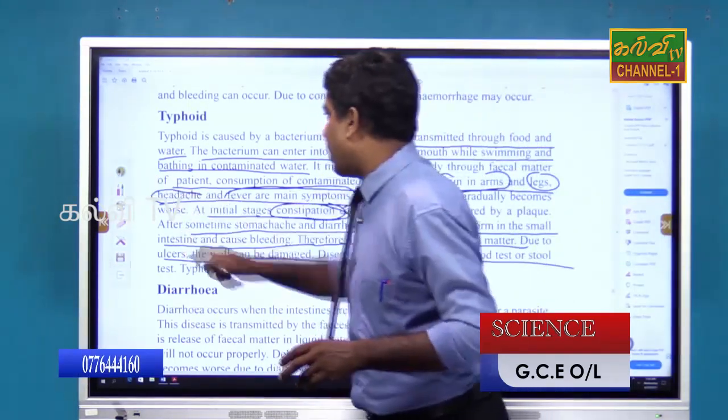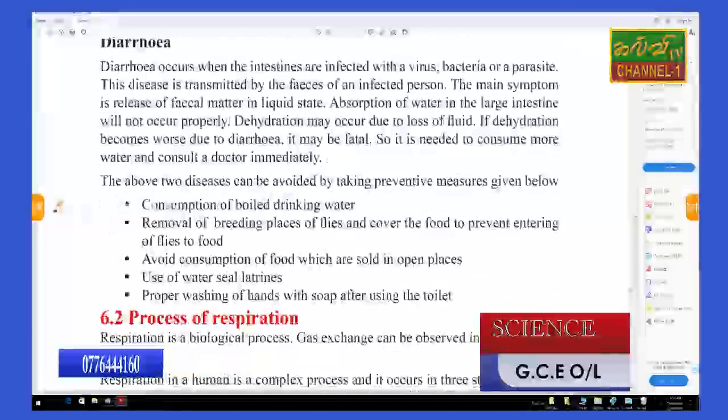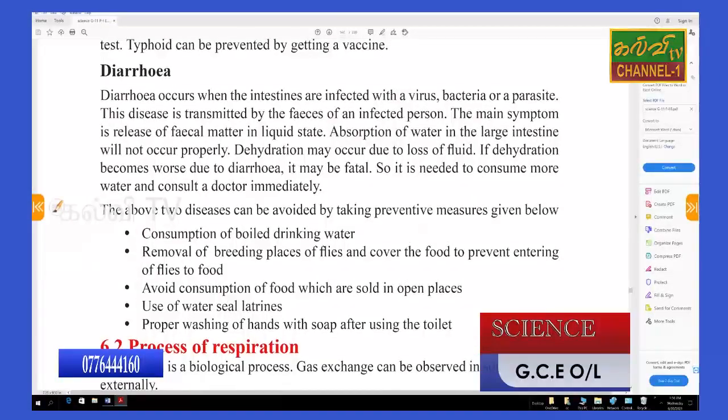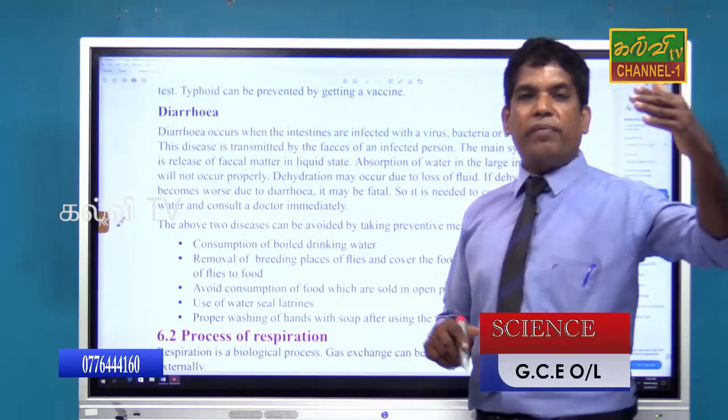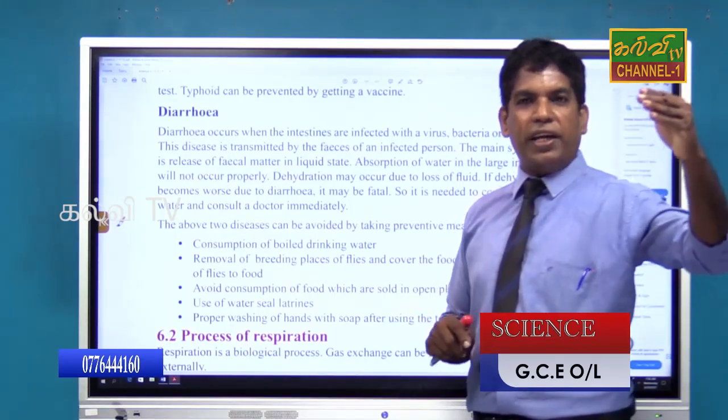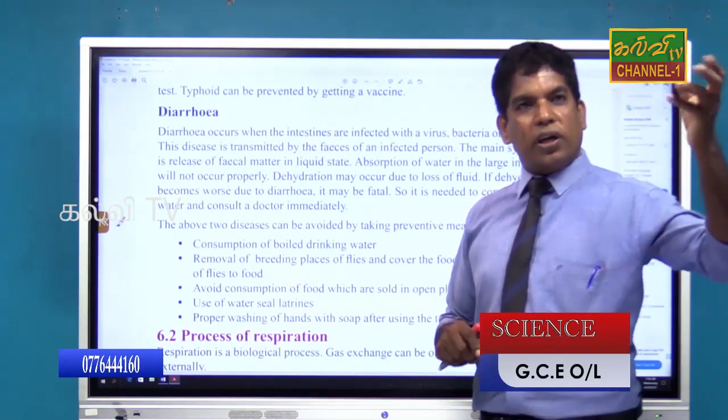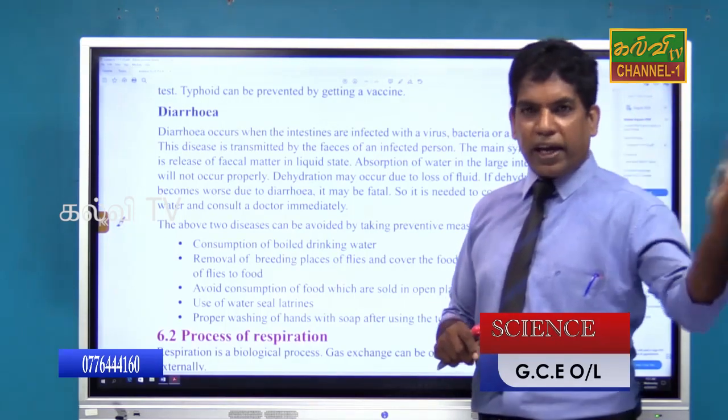Okay, the last one, diarrhea. Diarrhea is also a viral and bacterial infection. Sometimes we have heard that with COVID-19, diarrhea is also a possible symptom. Anyway, with bacterial or viral infection, diarrhea is possible.